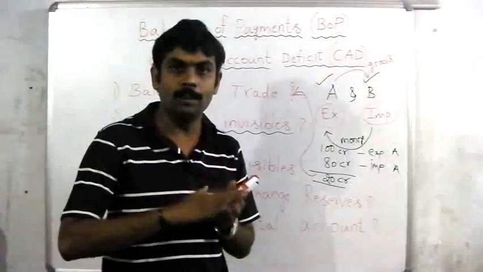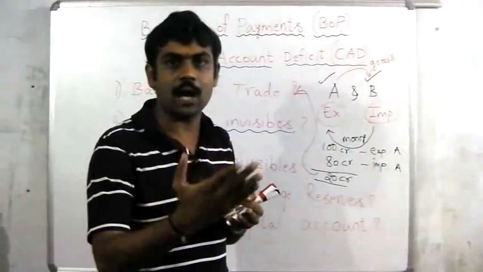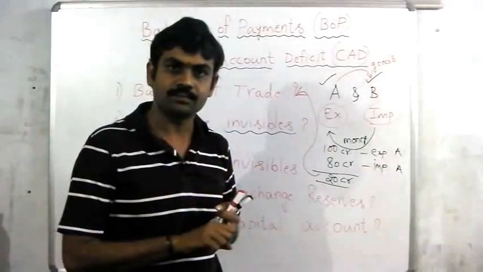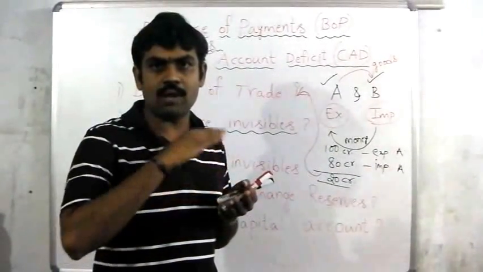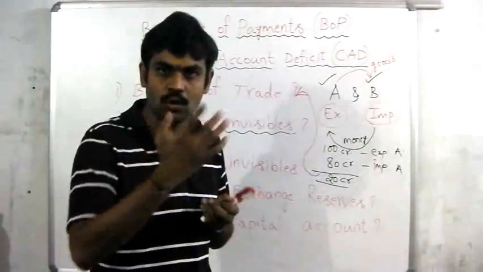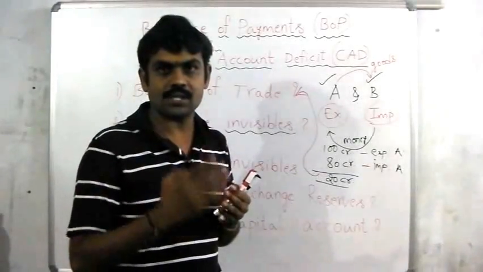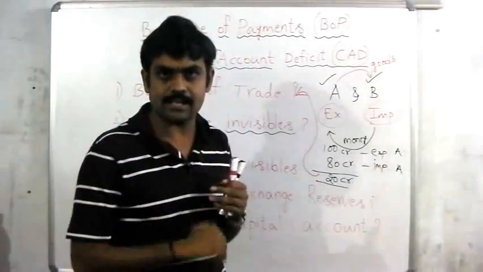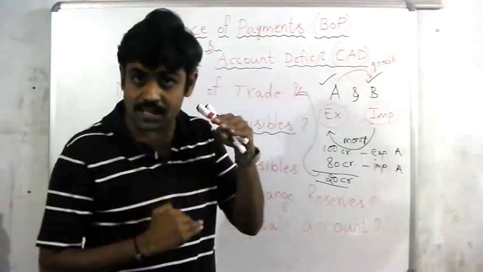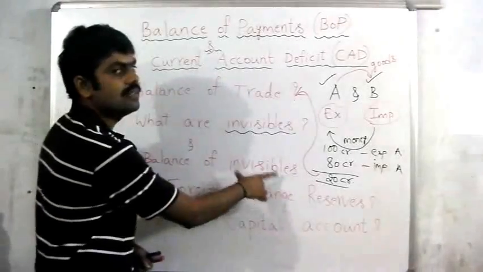Some services have been exported from India to USA, or some services have been imported from USA to India, whatever it may be. Now, if the export value of services from India to USA is more, and the import value of services from USA to India is less, then again the gap between the export and import of such services is nothing but the balance of invisibles.